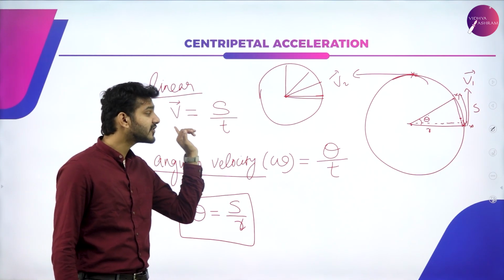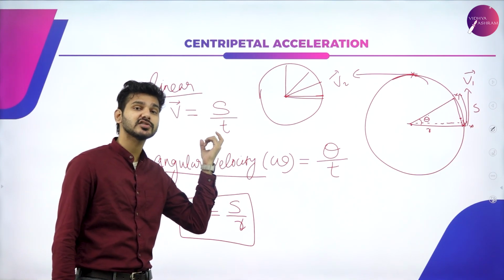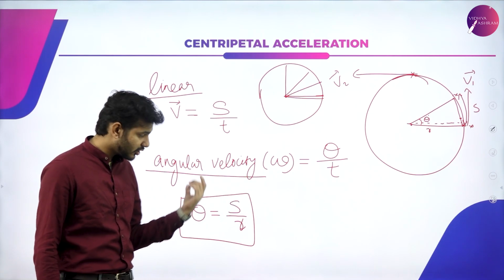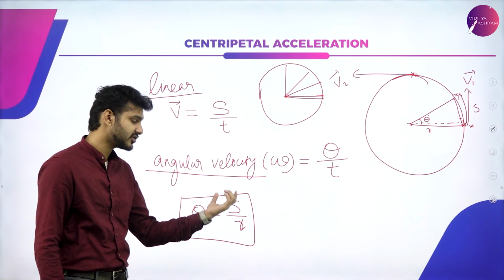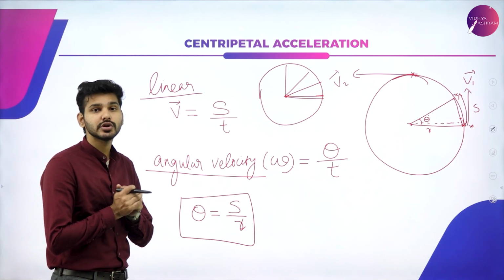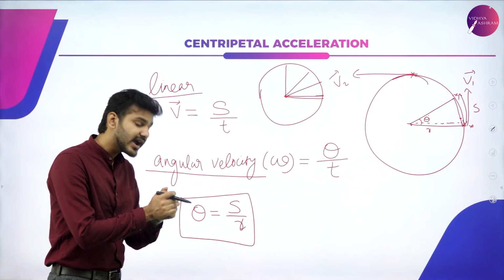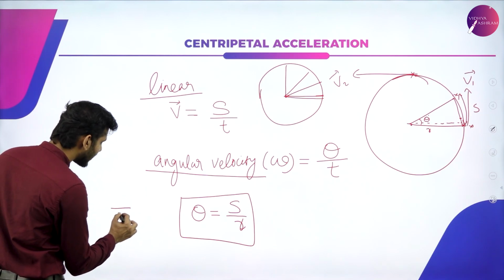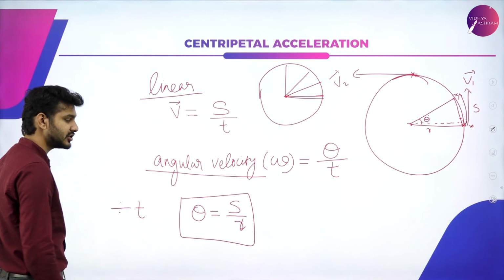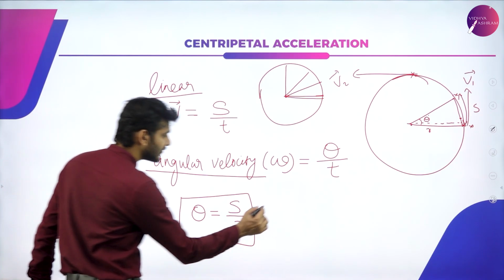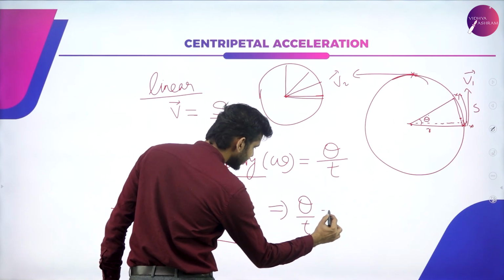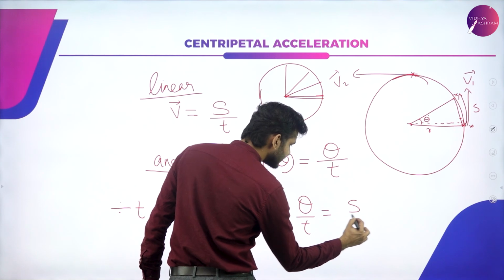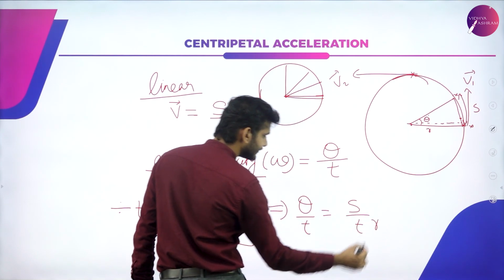Now we also have to find a relation between angular velocity and linear velocity. To do that, I am taking the relation theta is equal to S by r. I am going to divide this equation throughout by t, which implies theta by t is equal to S by t into r.